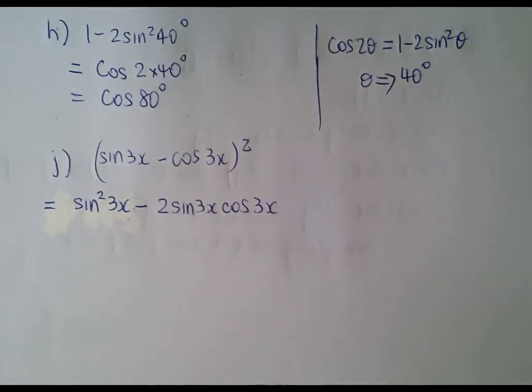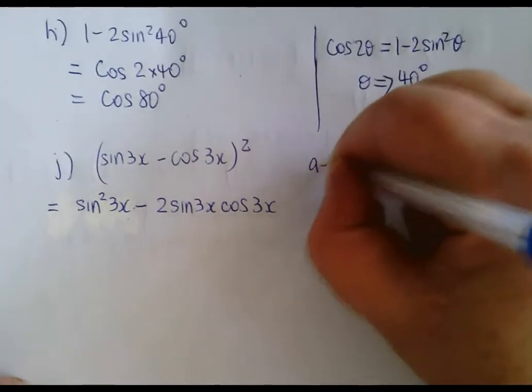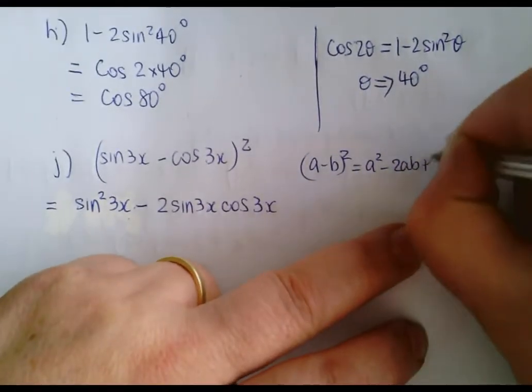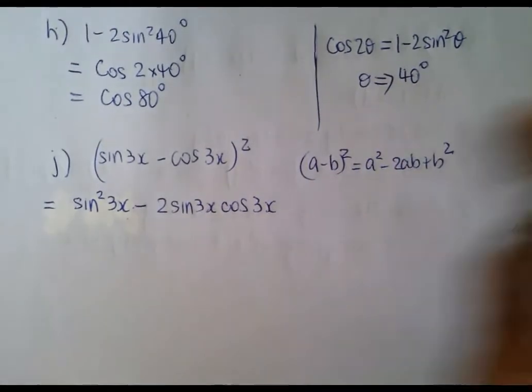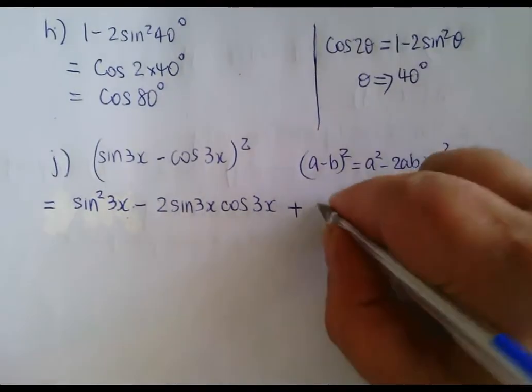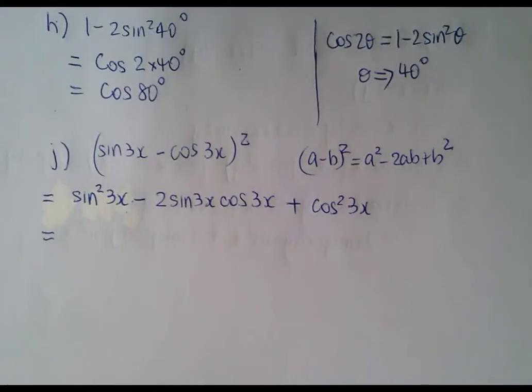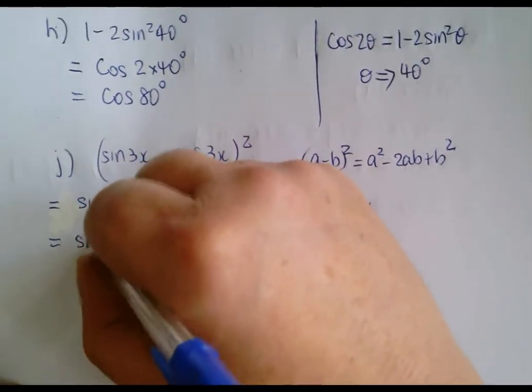So a minus b squared is a squared, minus 2ab, plus b squared. That's what we're using. So plus what? Cos squared 3x. Now, sine squared 3x plus cos squared 3x, they can be grouped together.